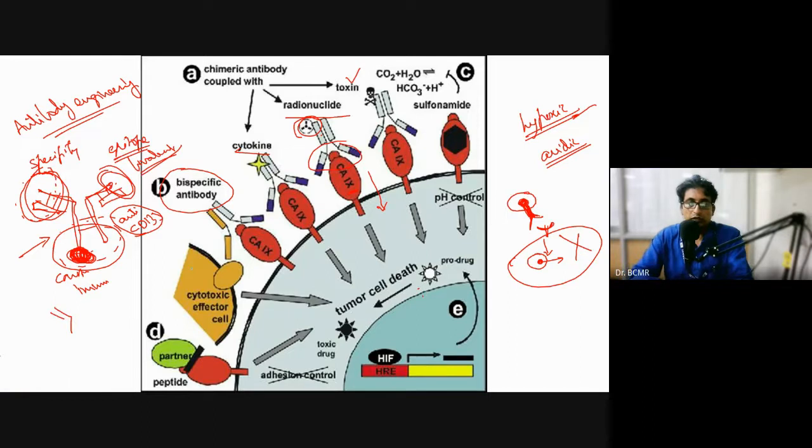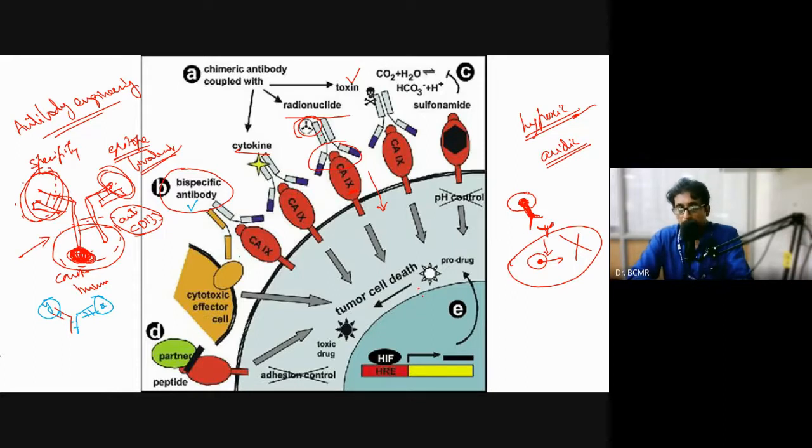That means we have one antibody made from two different parts, two different antibodies. We have fused them like this. So one region is specific for one type of epitope, and this one is specific for another epitope, right? So that is a bispecific antibody.